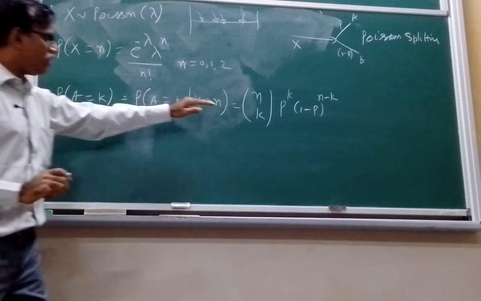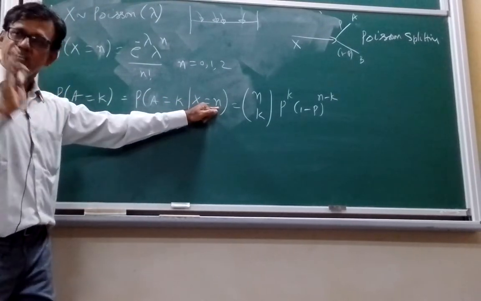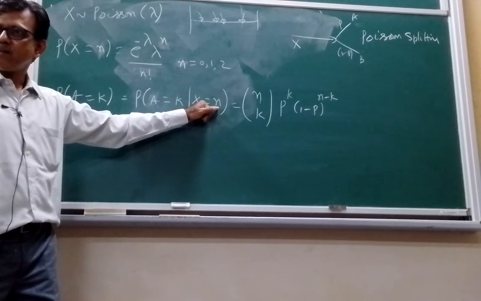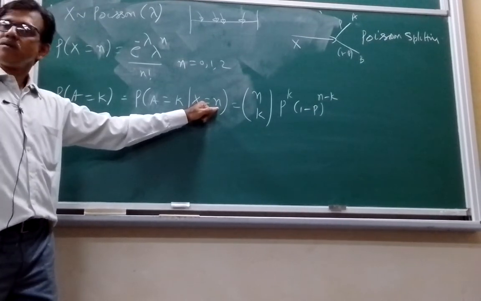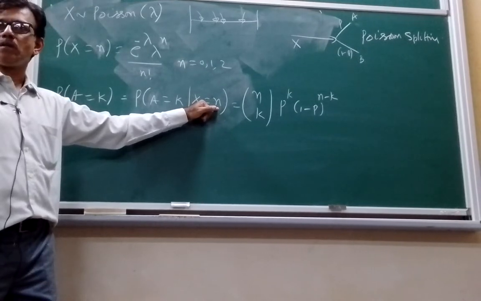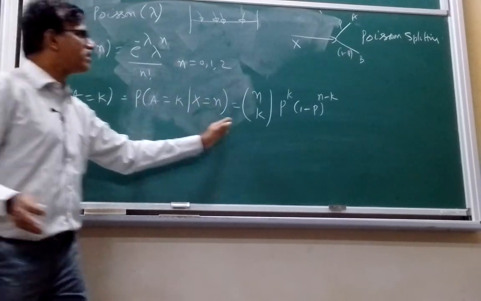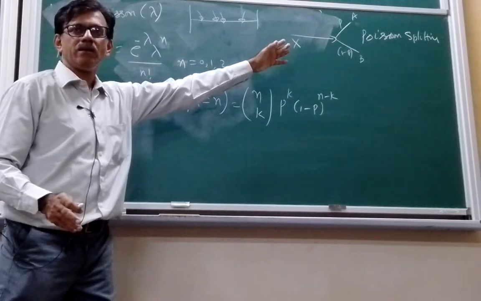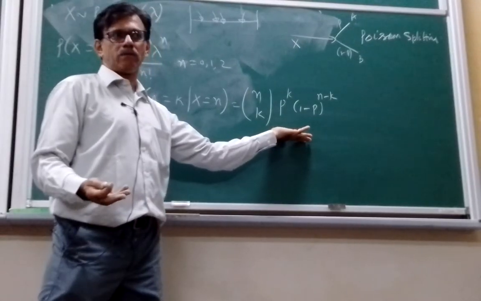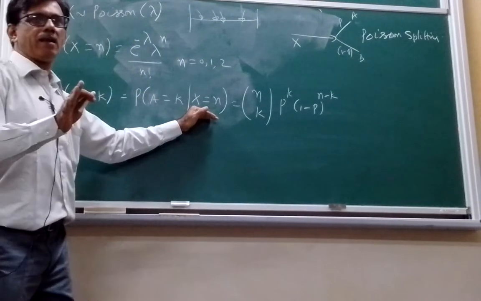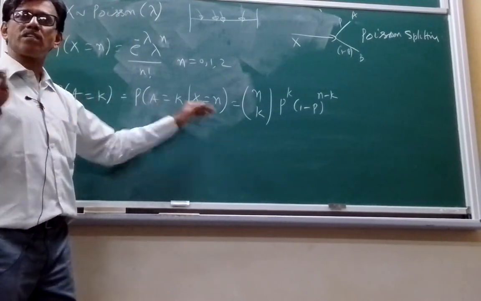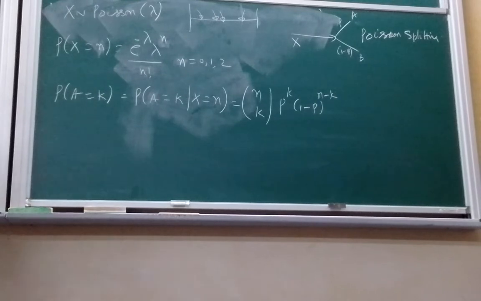That is, these are all N events that have occurred. Event by event, I categorize it into A with probability P and to B with probability 1 minus P. So the number of events that will be categorized under A is given by this Bernoulli one. This is the binomial distribution. So this conditional probability mass function becomes very simple to calculate.